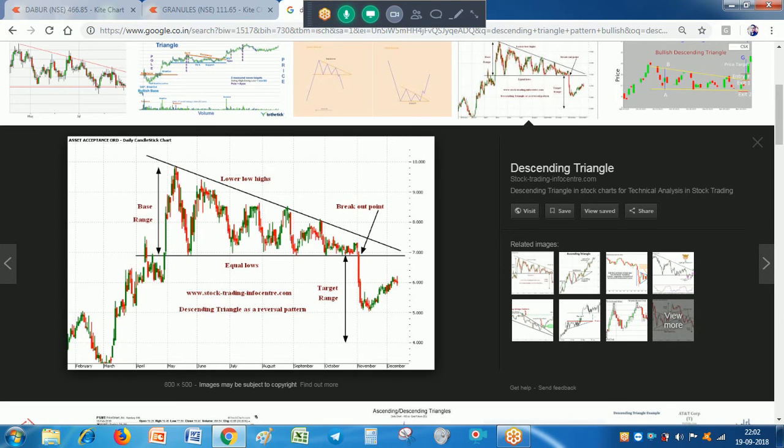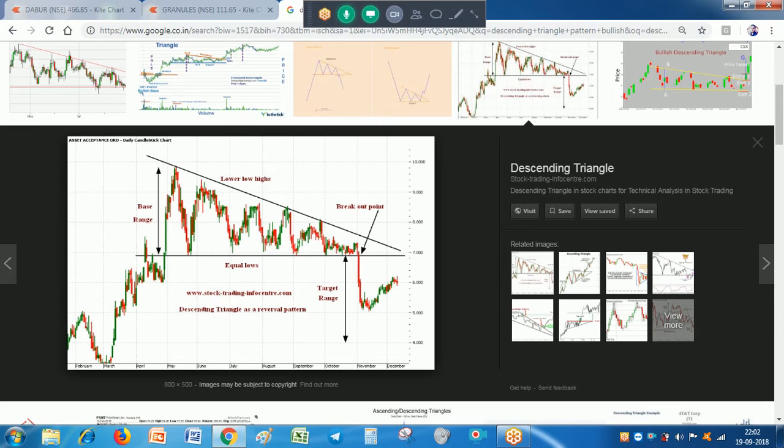Again it gave a downward movement, made an almost equal low level, then moved up again. Here again it made a lower high. Again down. This time the high was approximately equal. Then again down. Here you could see the lows are almost the same, but highs are getting lower.